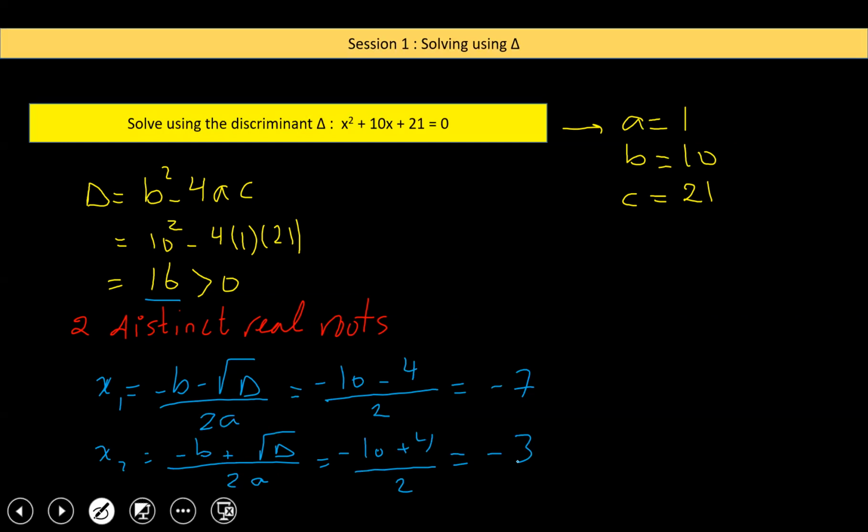Now you have to be aware that we can factorize the expression using the roots.